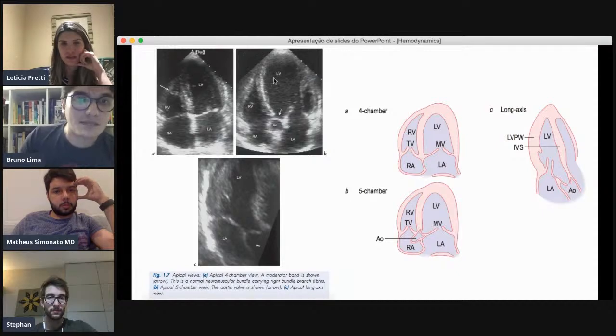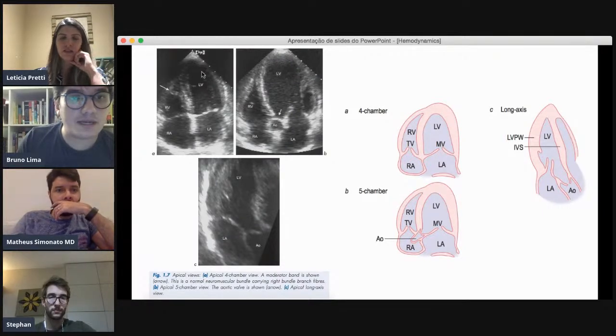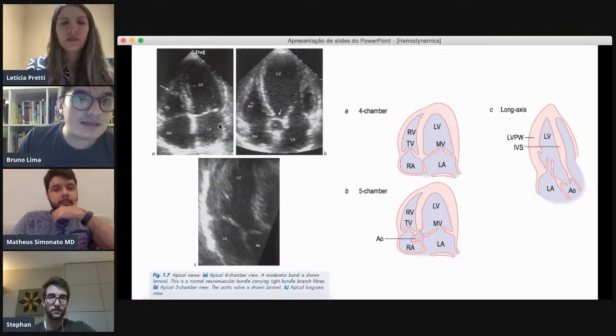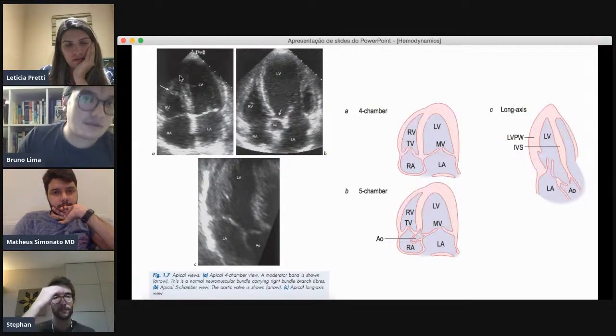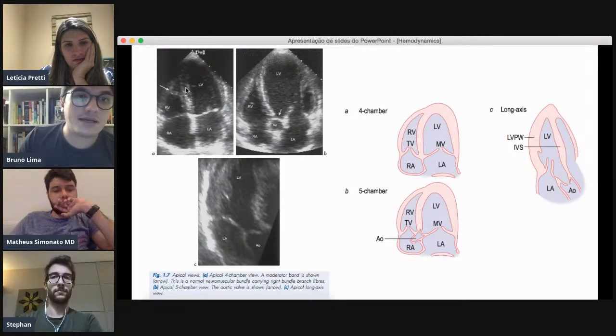Okay, and this is the apical 4-chamber view. This is putting the probe just below the nipple, okay? You're going to see the LV, the left atrium, the right atrium, the interventricular septum, the interatrial septum here, the tricuspid valve, okay?